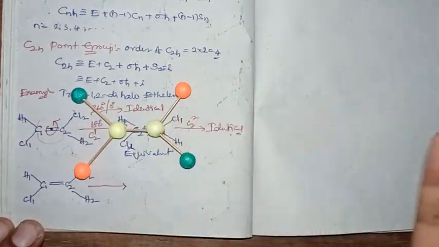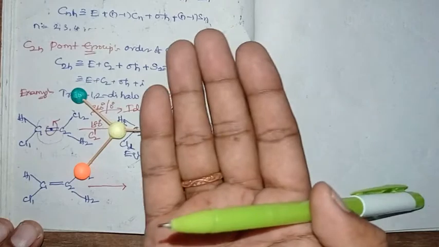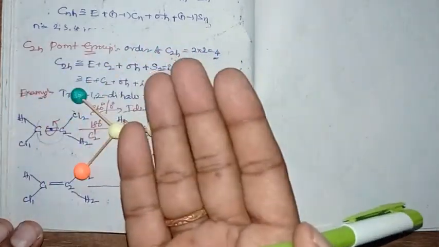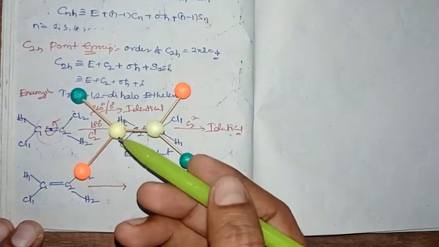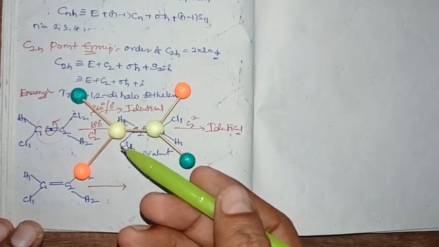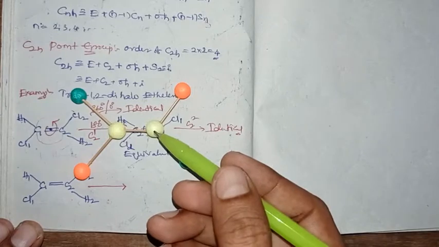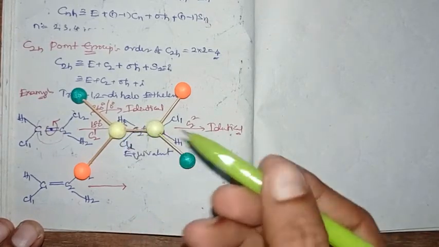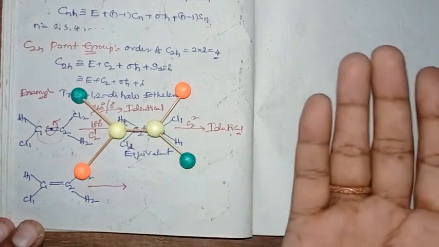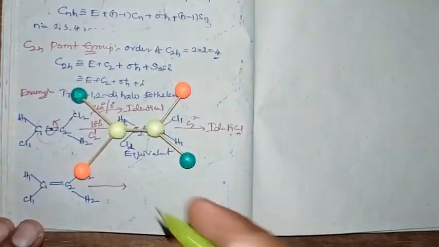So you can apply a plane through all the atoms, and all the atoms retain their position by reflecting their equal halves, front by back, back by front, or above by below, below by above.